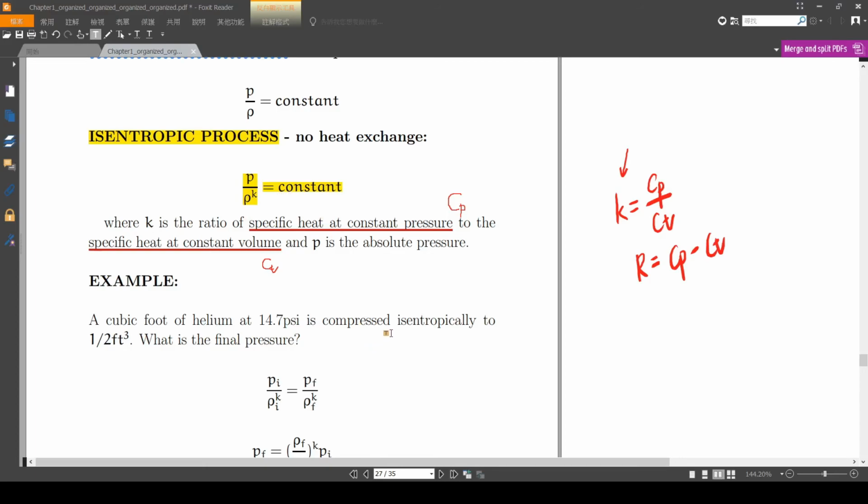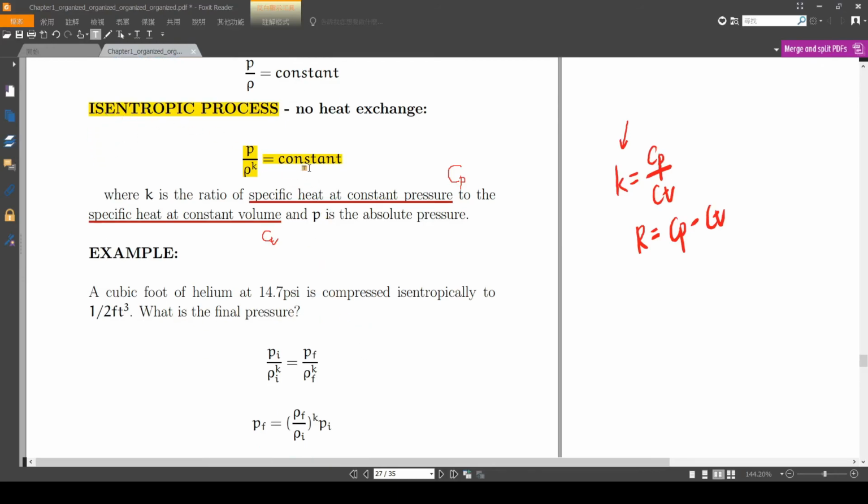Therefore, the helium is compressed isentropically to half of the volume. Then what is the final pressure? Because this is an isentropic process, it means that this ratio is a constant. Then you just write I here for the initial, and F stands for the final.